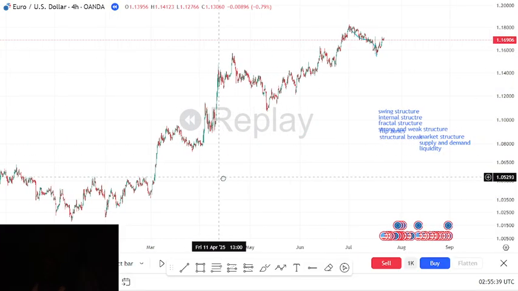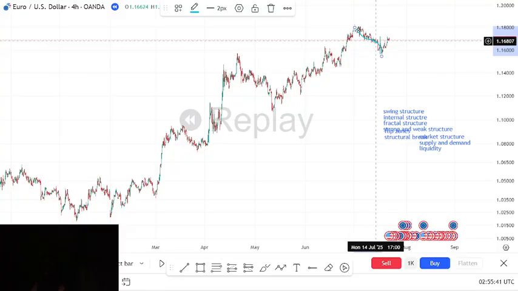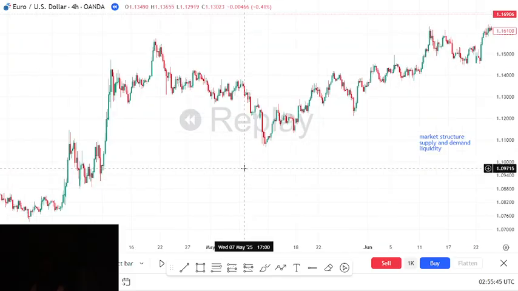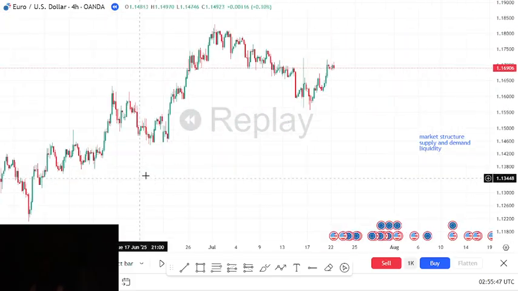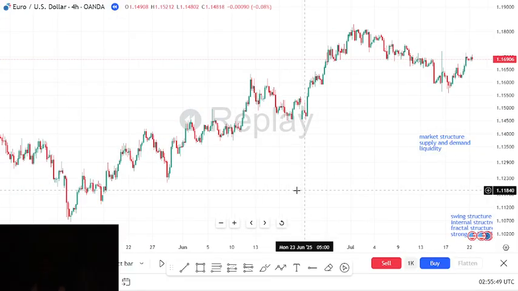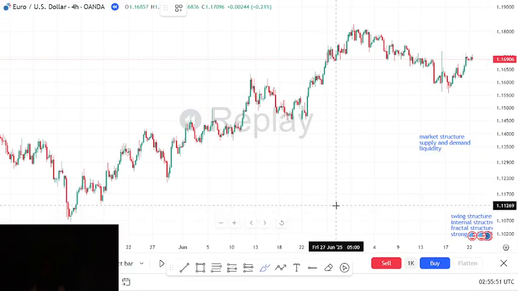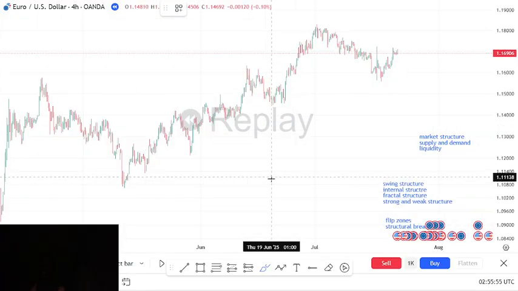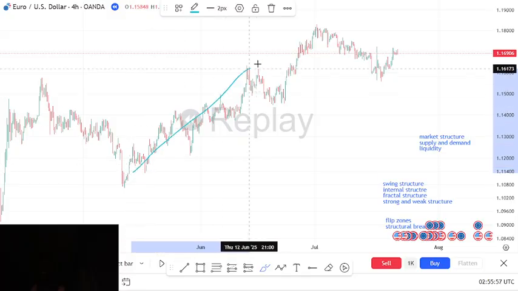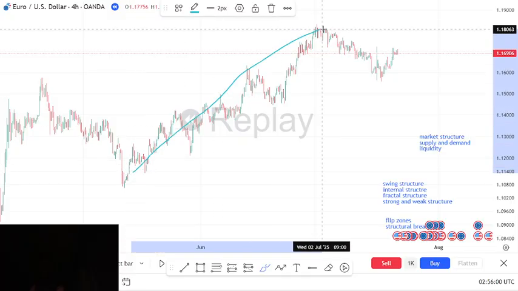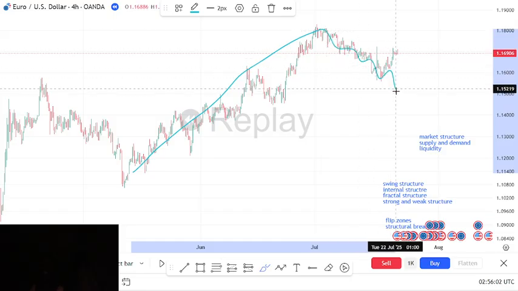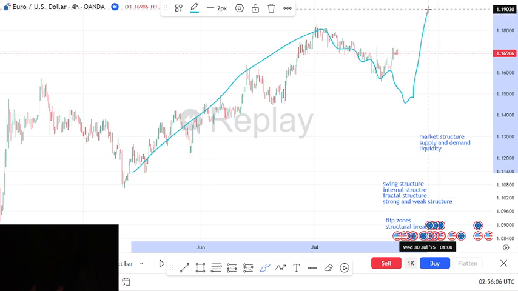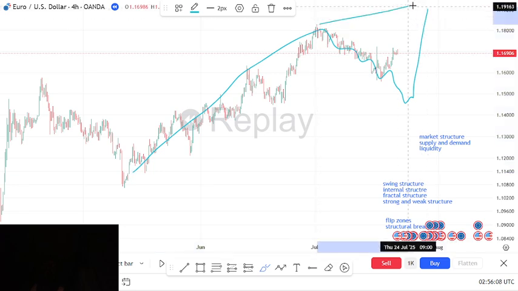So from the natural perspective of things, after we have this bullish run, we expect a corrective run. After the corrective run, we expect the next bullish run. So looking at this, after this impulsive run, we are expecting the next bigger correction run, and then the next continuation.